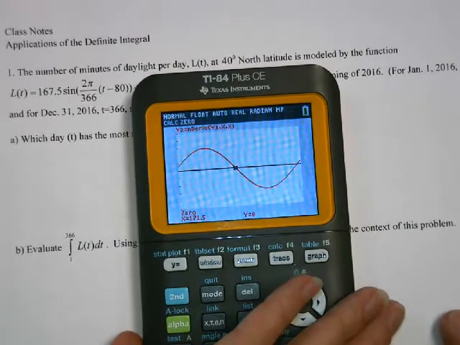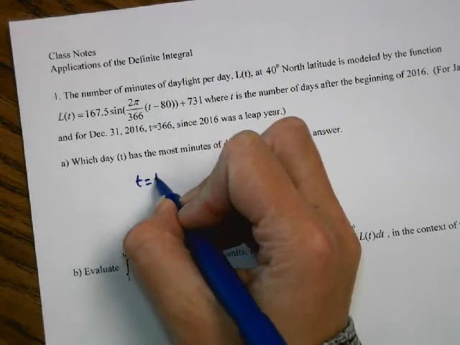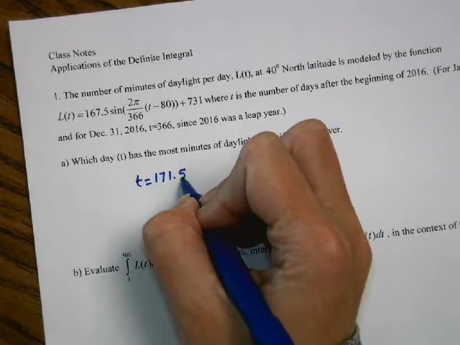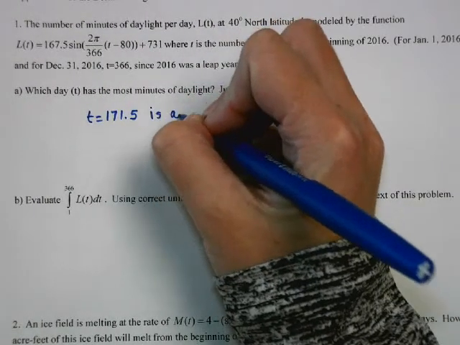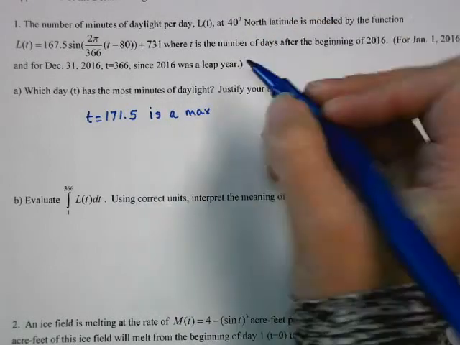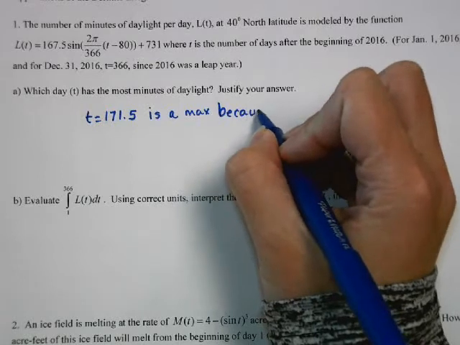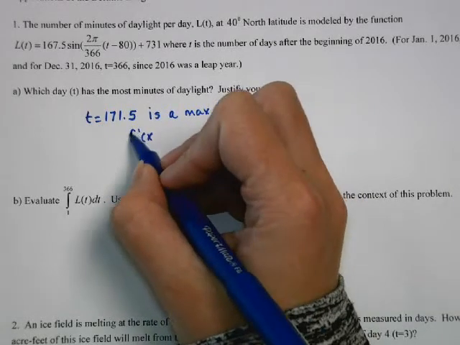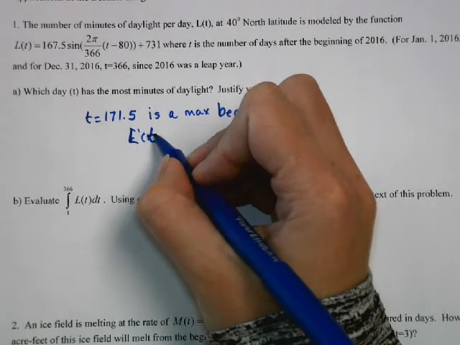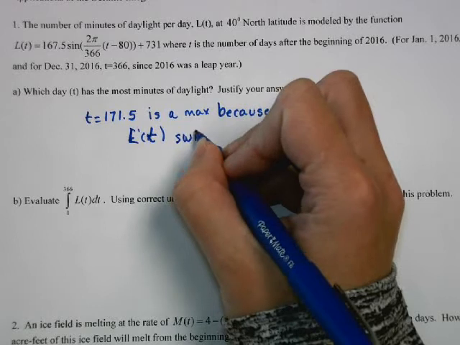So at 171.5 is going to be our maximum because, to justify our answer, L prime of t switches from positive to negative.